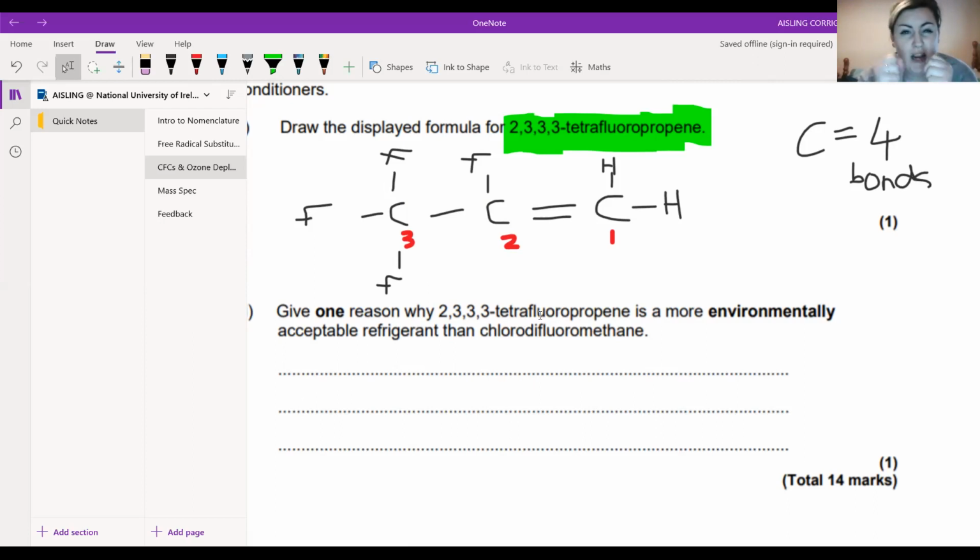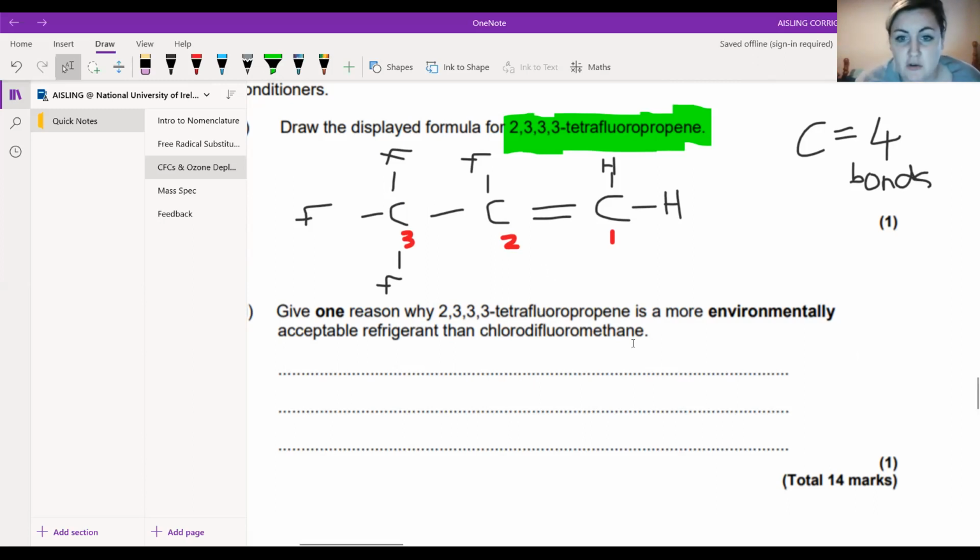Fluorine is very, very small, so the lone pair that's shared between the two fluorines has a really strong attraction to the nucleus of the fluorine. Way more energy is needed than UV light could possibly have to break it. So it's quite stable.